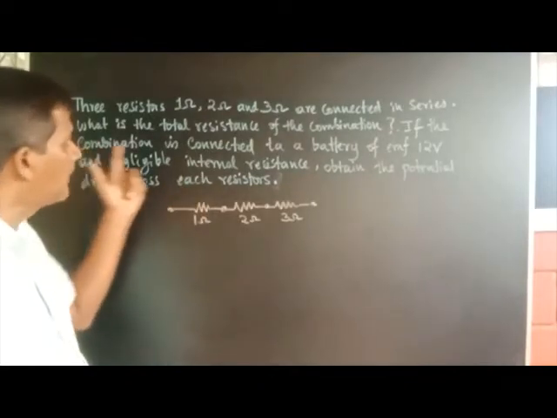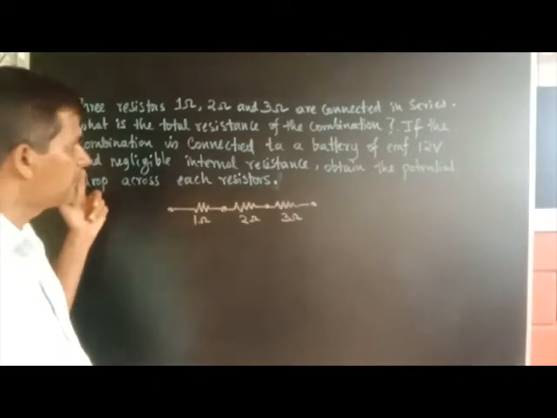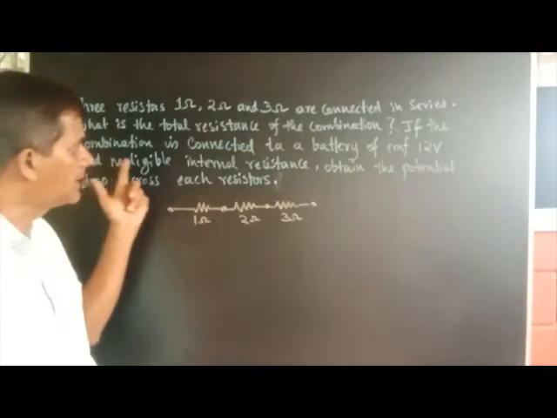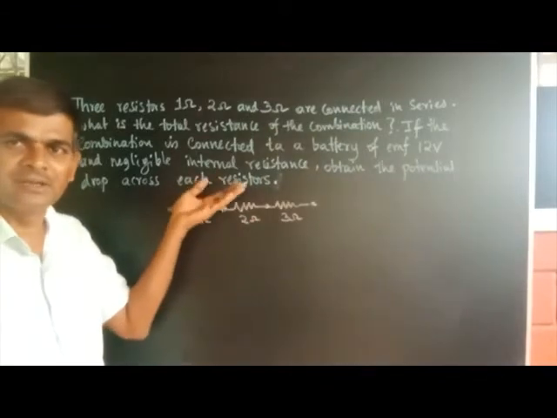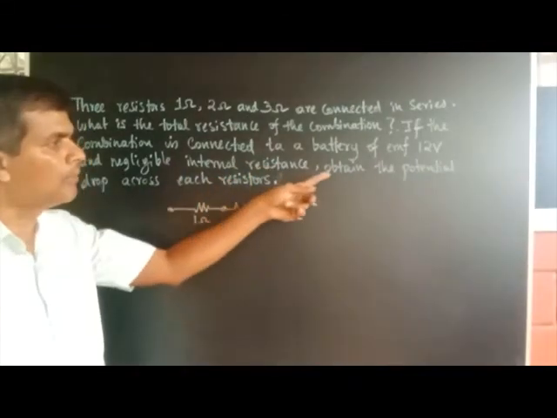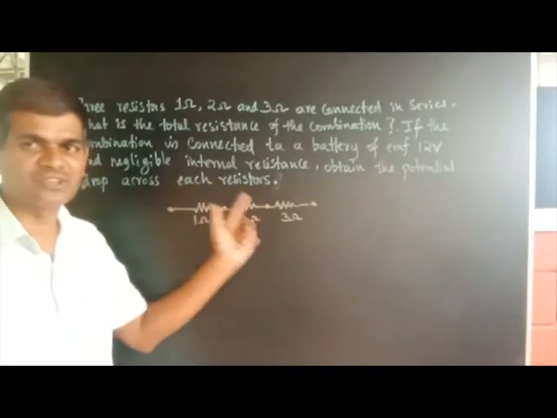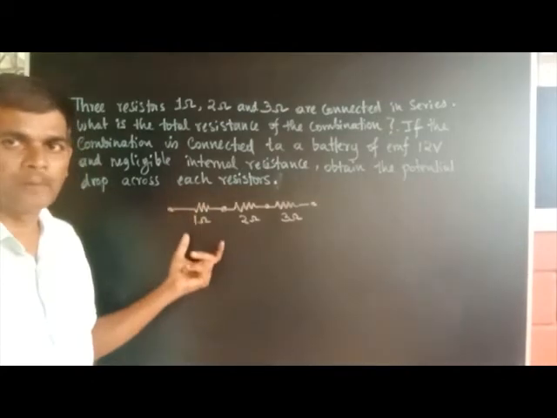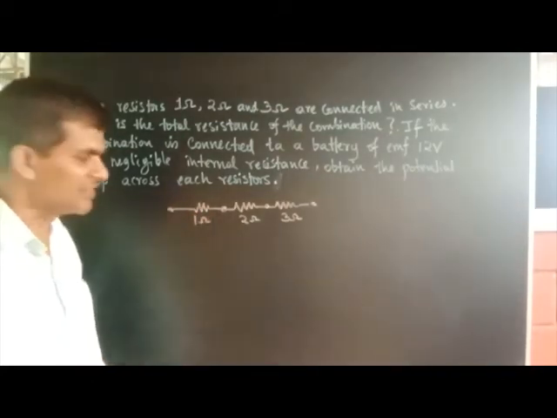Then if this combination is connected to a battery of EMF 12 volt and negligible internal resistance, this internal resistance is negligible, very small, then you have to take it as 0. Obtain the potential drop across each resistor. Potential drop means the potential difference across each resistor, that I have to find out.